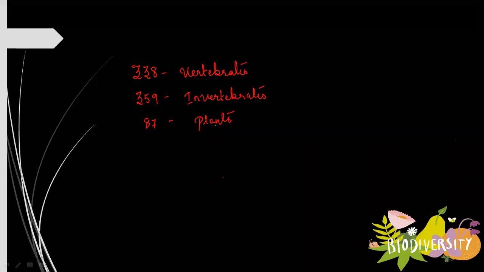Okay, 87 species of plants have become extinct in the last 500 years. How many? 338 species of vertebrates, 359 species of invertebrates, 87 species of plants.